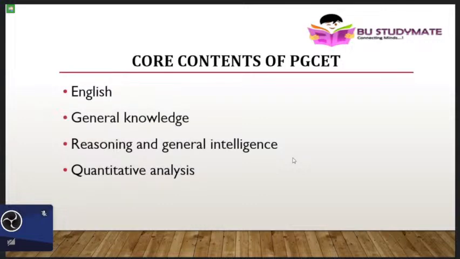These are the important sections: English, general knowledge, reasoning and general intelligence, as well as quantitative analysis. These are the important headings of PGCET.